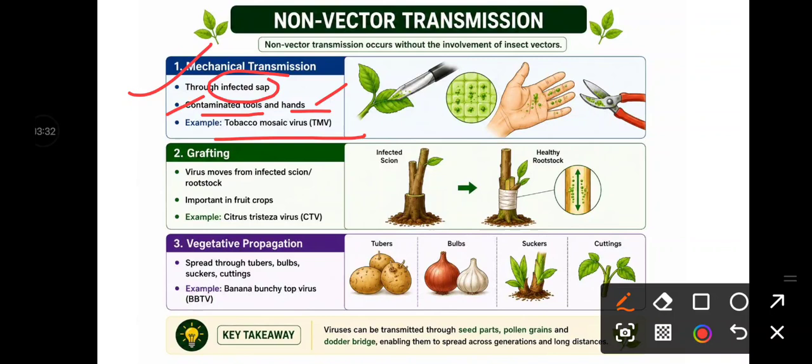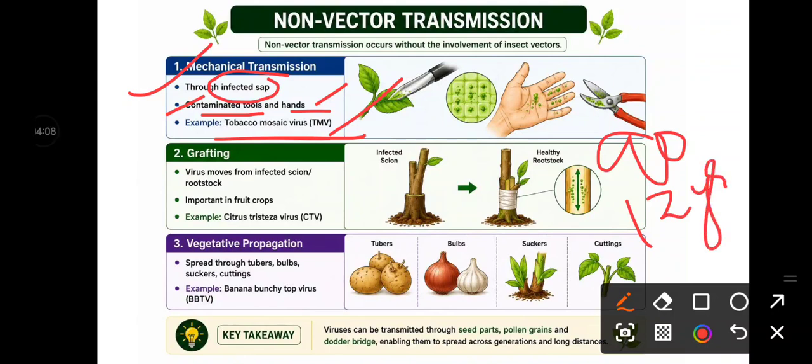The reason I have already discussed in my previous videos: why this virus is favorable for mechanical transmission is because of its high longevity in vitro, its high dilution end point, and its high thermal denaturation point, the temperature at which this virus is deactivated, which is 90 degrees Celsius. The longevity in vitro for TMV is around 12 years.